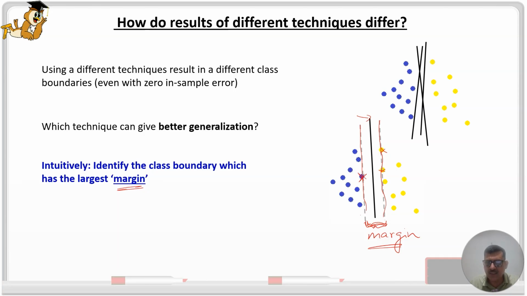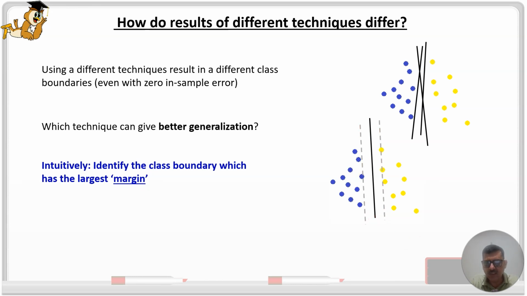They are the ones that pass through the closest point or points on either side. And of course they are parallel to this class boundary that your classification returned. So if you could identify the class boundary that yields the largest margin, that would probably give you the best generalization.